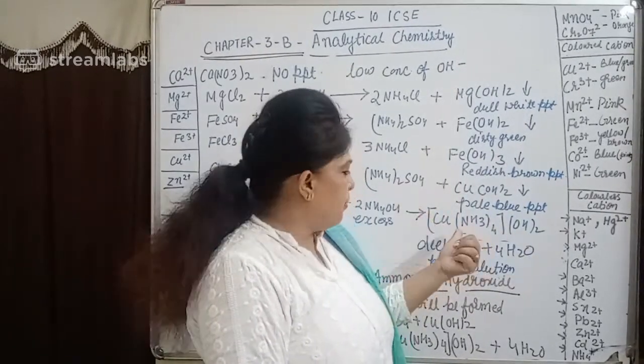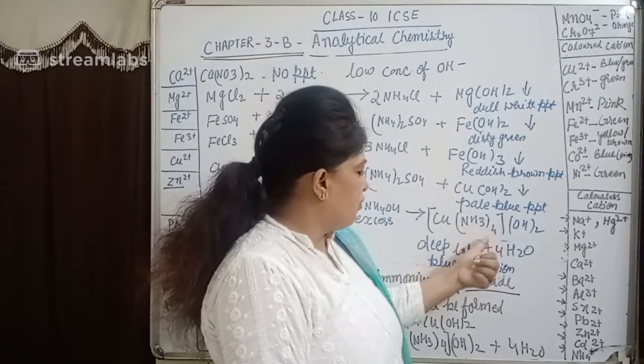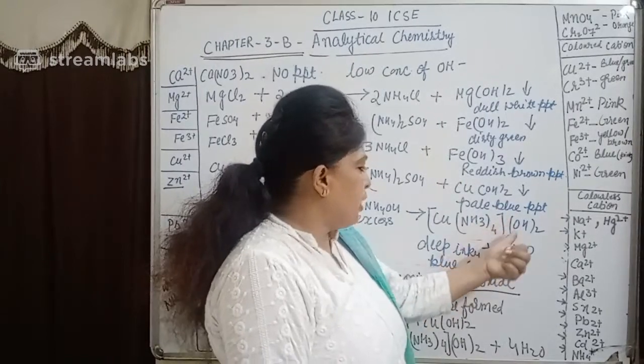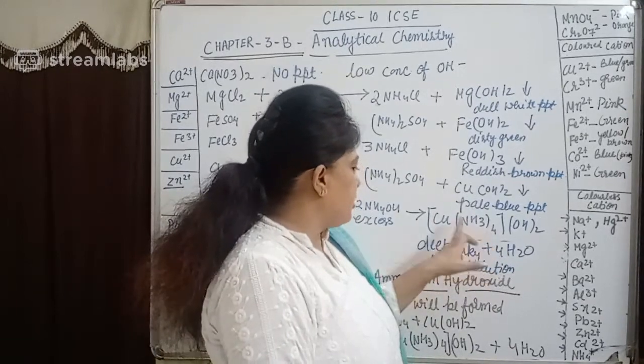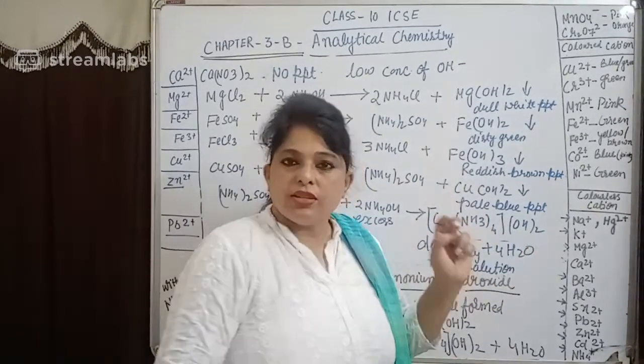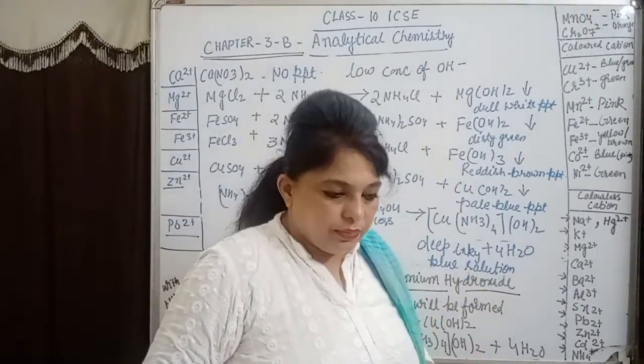Please see the formula: Cu(NH3)4(OH)2, right? So we have tetraamine copper hydroxide. And what is the color of this solution? Deep inky blue solution. Clear?